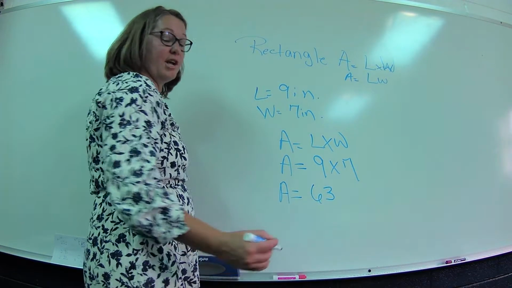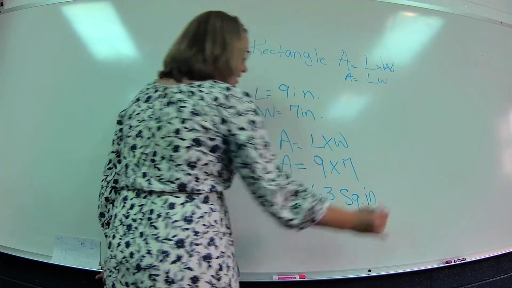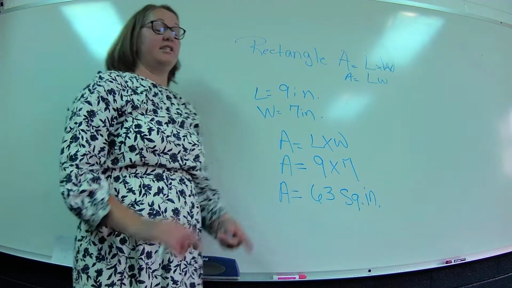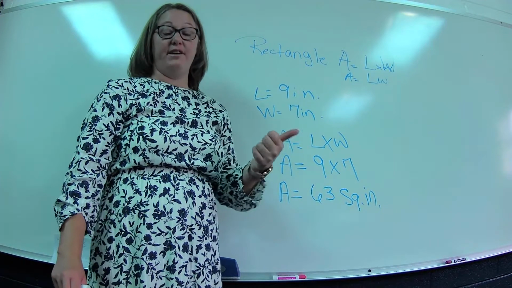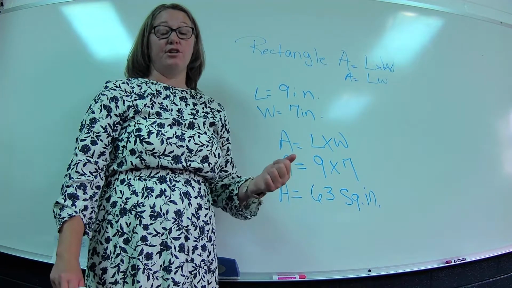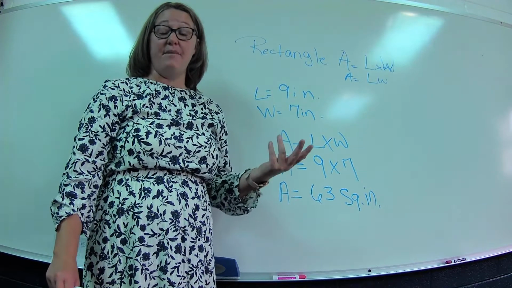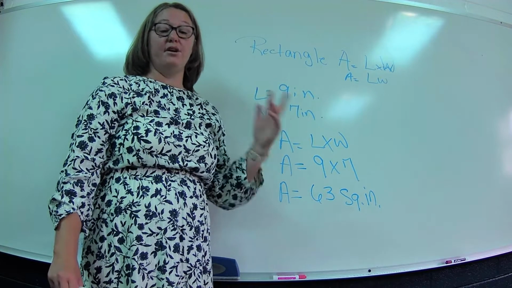But in area, we answer in square inches. If it's inches, feet, or yards, it's square inches, square feet, square yards. If it's in the metric system, centimeters, meters, or millimeters, it's meters squared, centimeters squared, millimeters squared.